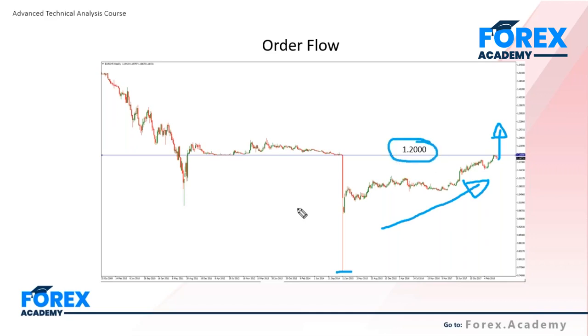So by simply evaluating price action, we can come to the conclusion that market interest could pick up further if 120 is broken. To explain what occurred in this particular chart, this is the euro against the Swiss franc. And for a long period of time, the Swiss National Bank was managing the value of euro Swiss, holding it above 120. You can see that this went on for a long period of time.